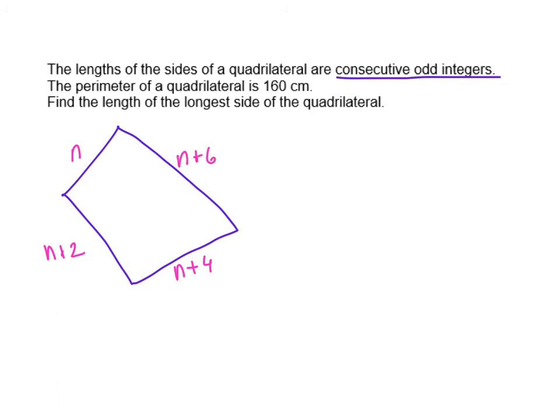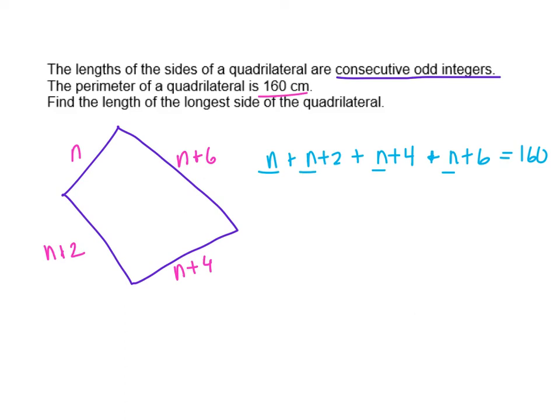Alright, the perimeter is 160, so that tells us add them all up and set it equal to 160. So we have n plus n plus 2 plus n plus 4 plus n plus 6, and that equals 160. So combine your like terms.